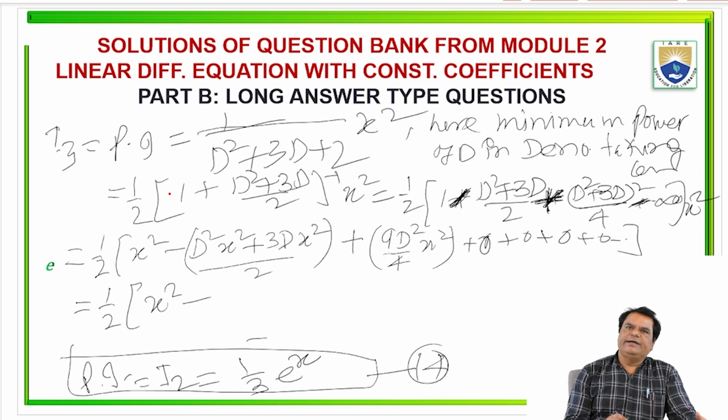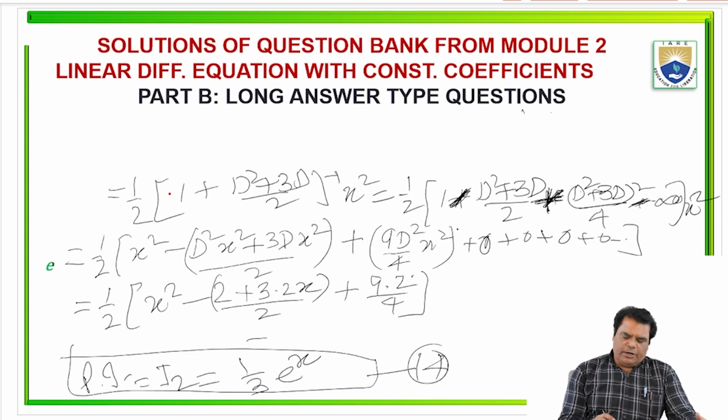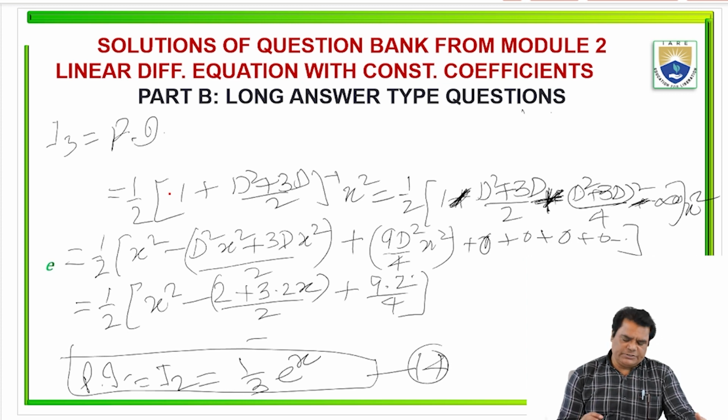Now differentiating here 2 times. D square of x square is 2, and plus D of x square plus 3 into 2x, and upon 2 and plus D square of x square, 9 into 2 upon 4. Only this. So now here I3 is equal to this, PI of third function.